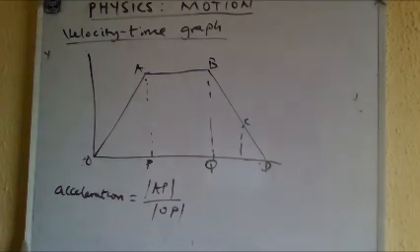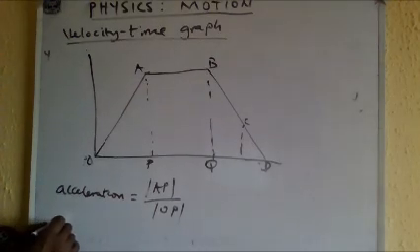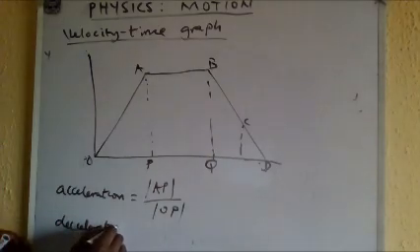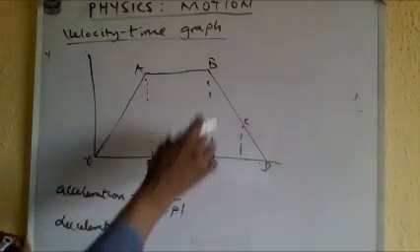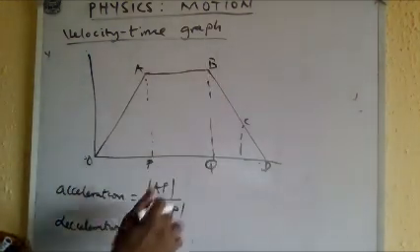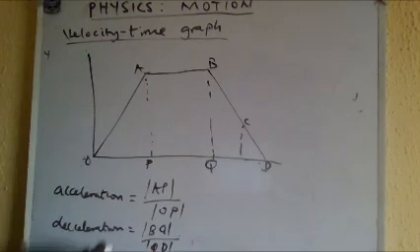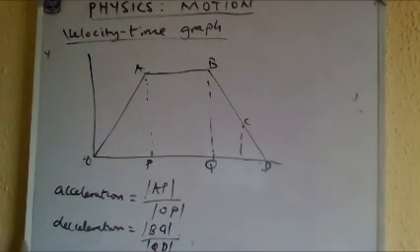Deceleration is line BQ over line QD. This one is always negative. It's negative because it's negative acceleration. So BQ over QD is always negative. You can call it deceleration or retardation.